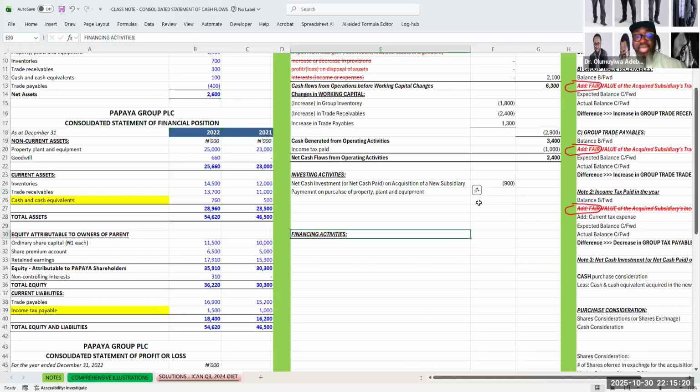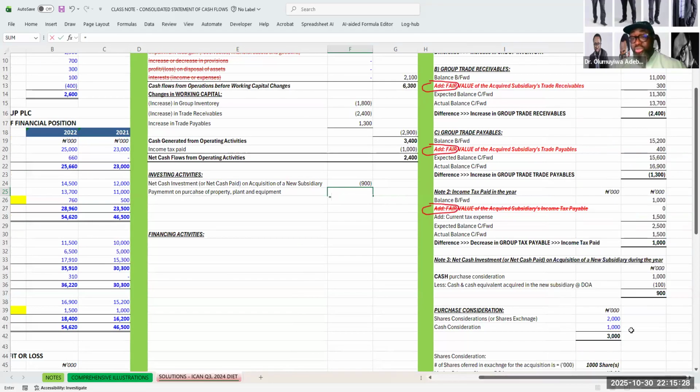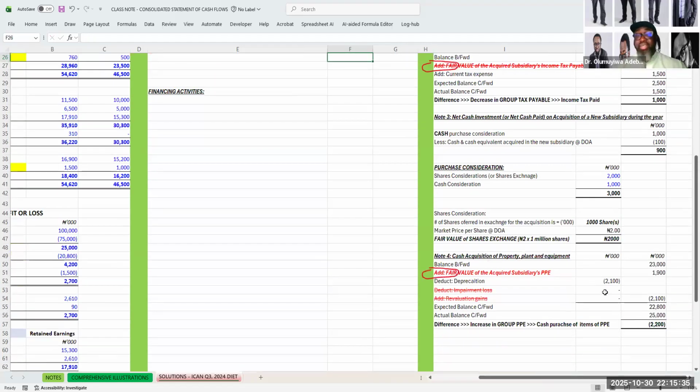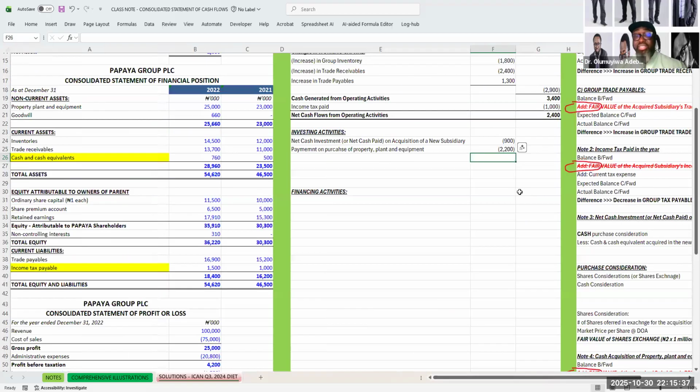Now, we don't have any other assets like intangibles or investments. Therefore, this may constitute our final information within investing activities.